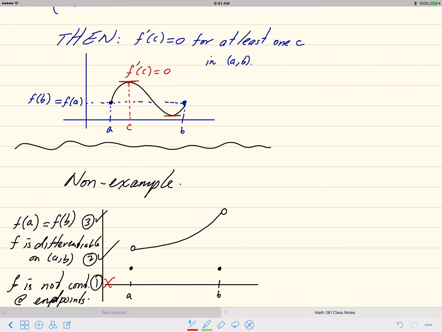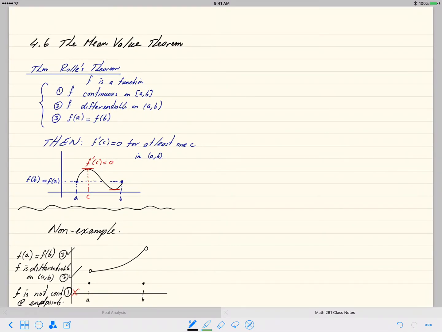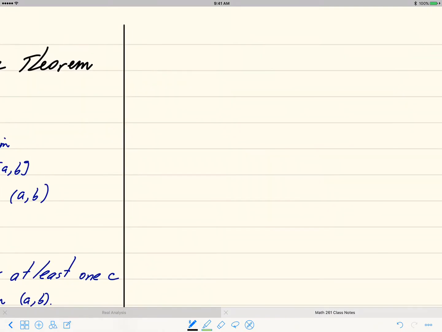Let's do another non-example. In this one, we're going to build a function that satisfies the first condition, so it's continuous throughout the interval, including the endpoints, and the left endpoint and the right endpoint have the same y value, so f(a) equals f(b).